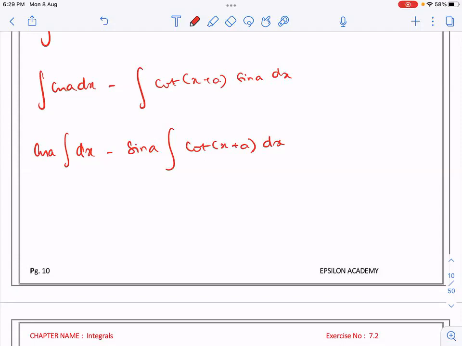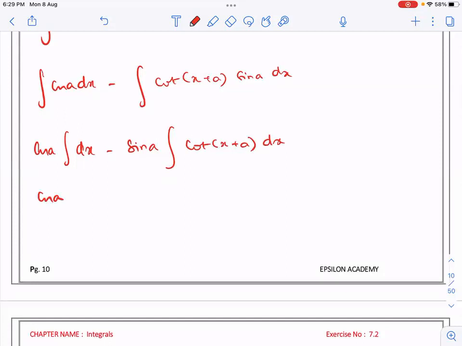Clear? So cos a into integral of dx. What is the integral of dx? x. Minus sin a into integral of cot x dx. You can have your textbook now, so that at least you'll understand the formula. Everybody have your textbook in front of you. At least then the formula will get registered in your mind.